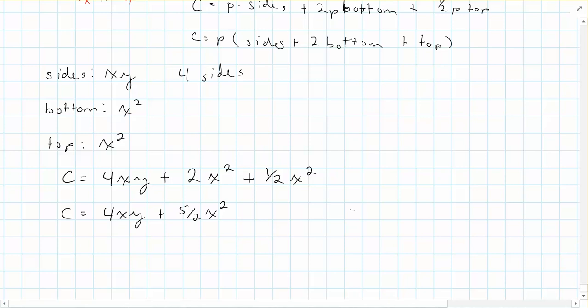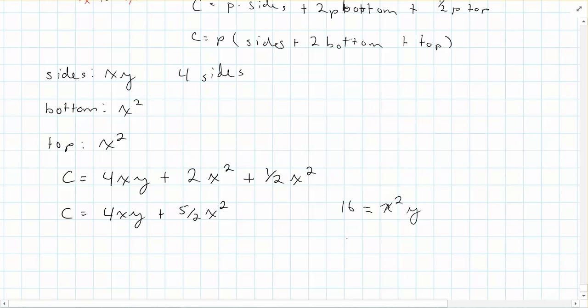Now we still need to get this with one equation, one unknown, and so that's where we of course use the volume expression here, where we have that 16 is equal to x squared y.